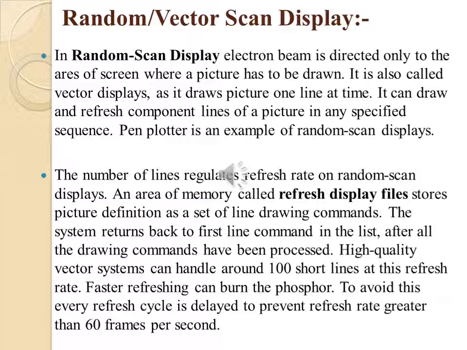In this, the electron beam points only to the area in which the picture is to be drawn. It uses an electron beam like a pencil to make a line image on the screen. The image is constructed from a sequence of straight line segments.